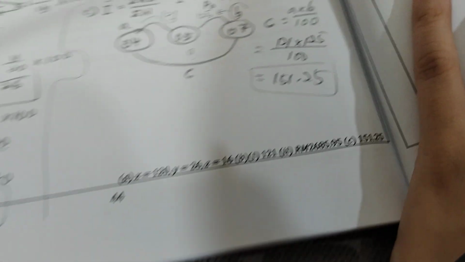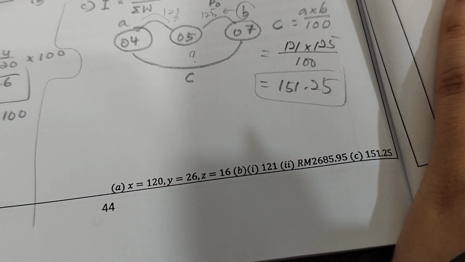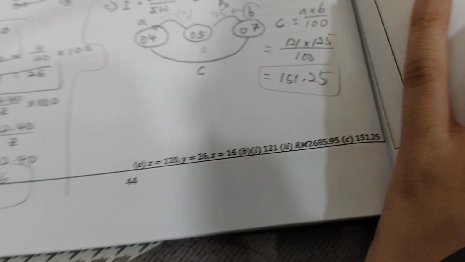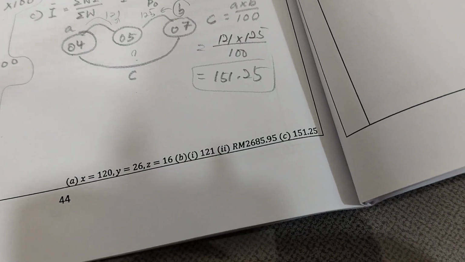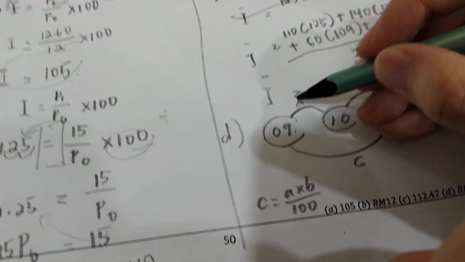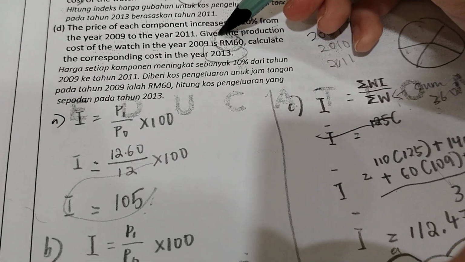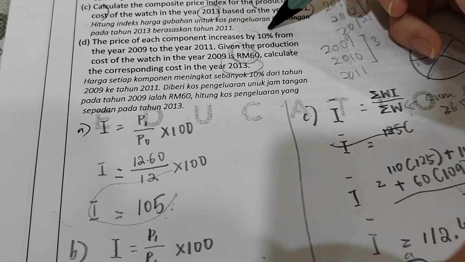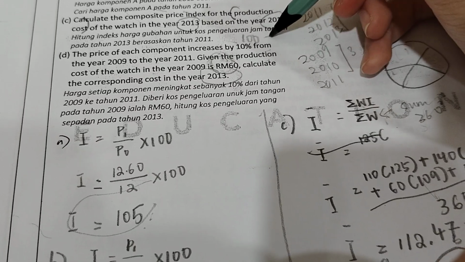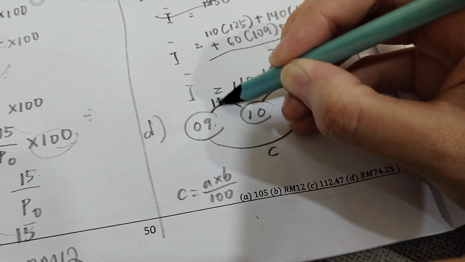Well, hold on, let me think for a moment. Okay, since this is 2009, we know that this will be 60, and it will increase by 10%. So 100 is the base plus 10. So over here is 110.